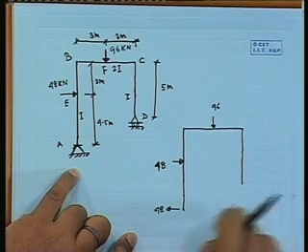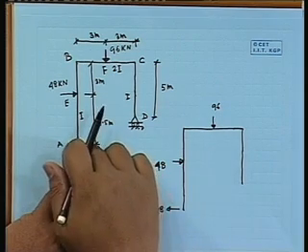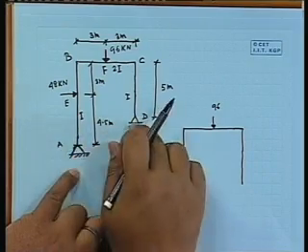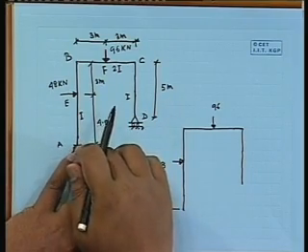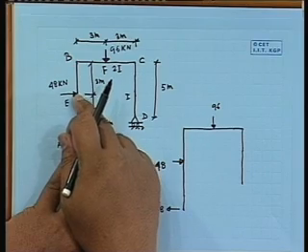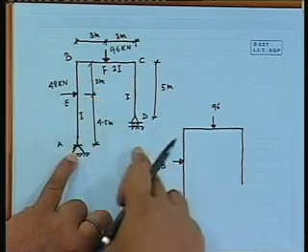Now, there will be two reaction component vertical here. You can take moment about this, right, or moment about that. So, if we take moment about this, so it will be 48 into 4.5 plus 96 into 3, that will be the moment, that will be balanced by this force.